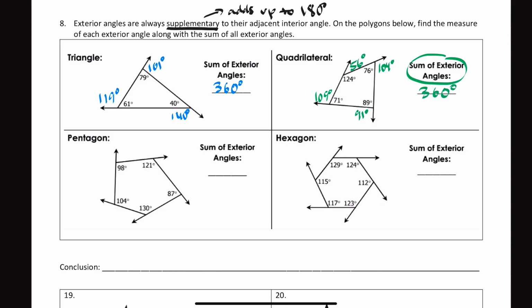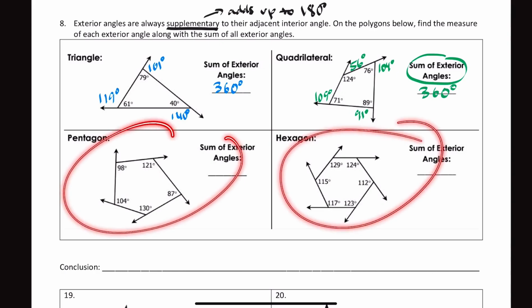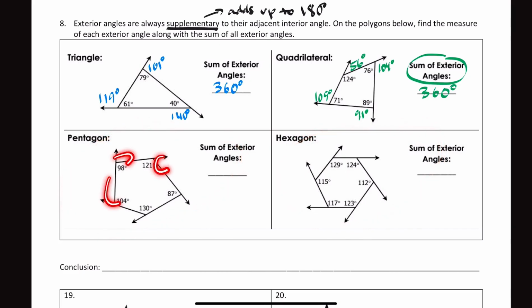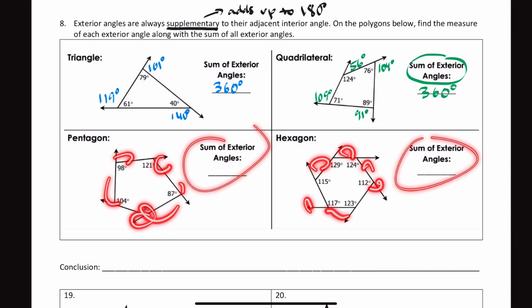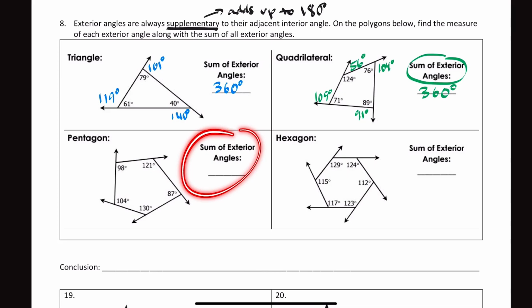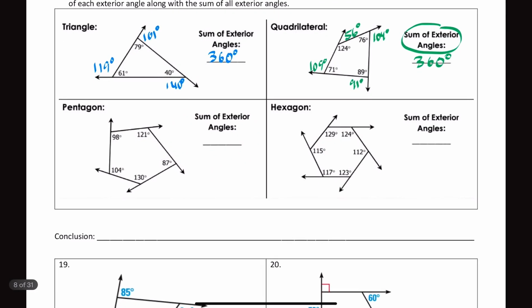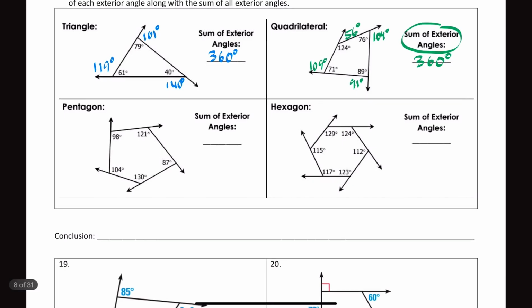And so the conclusion you should come to, I'll let you figure these out, right? Give me the values that are missing on the exteriors and give me the sums. But most likely, the conclusion here is the sum of exterior angles, and I guess I'll fully write it out. The sum of exterior angles of any polygon, because this is any polygon.